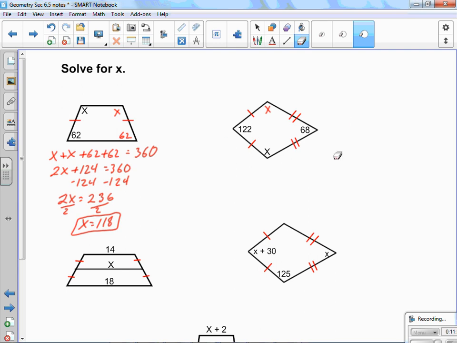And then we know that since it's a quadrilateral, they have to add up to 360. So X plus X plus 122 plus 68 all have to equal 360. So 2x plus 190 equals 360.